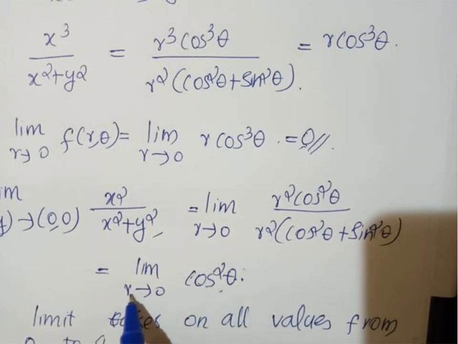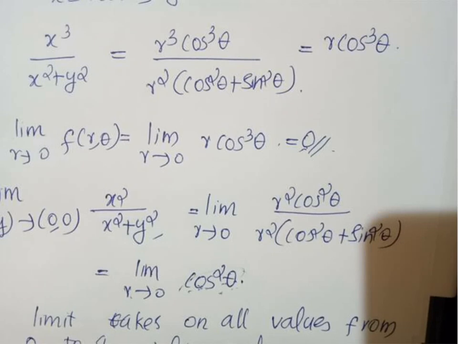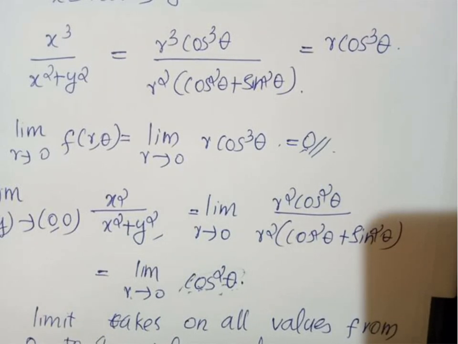However small r is, the value must always be between 0 and 1, because cos theta lies between -1 and 1, so cos^2 theta lies between 0 and 1. So we cannot get a finite limit. So the limit does not exist.